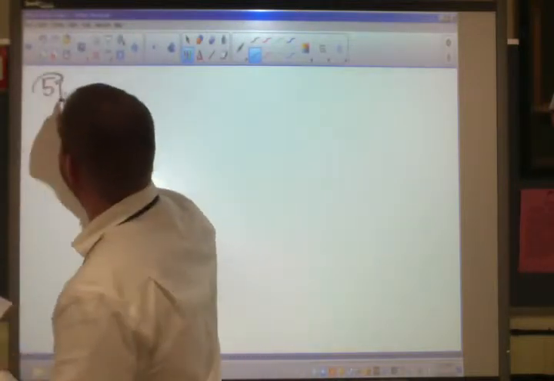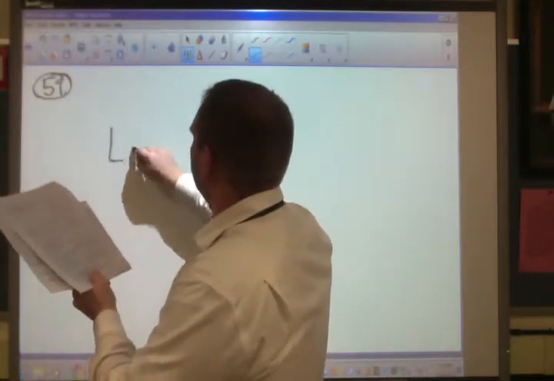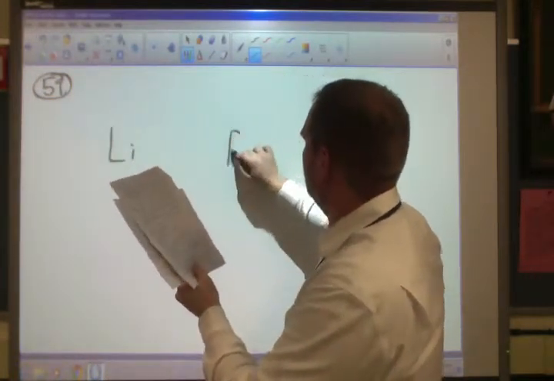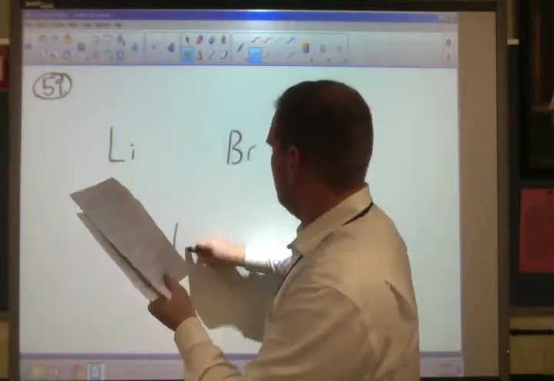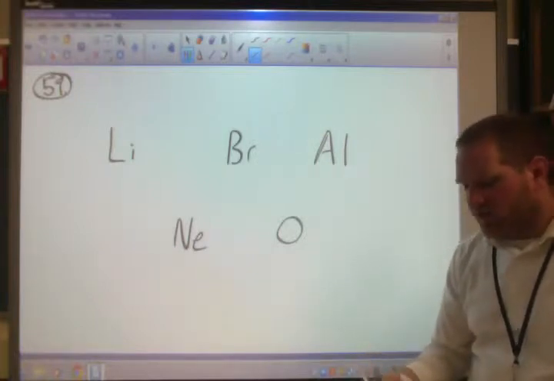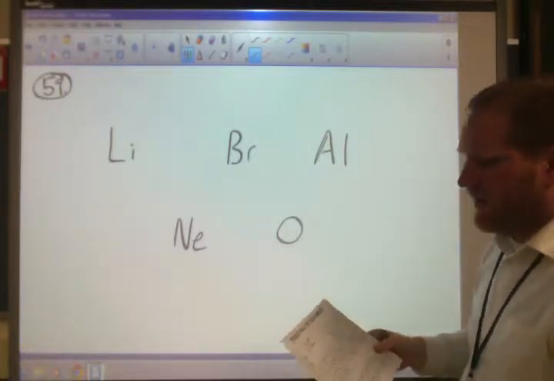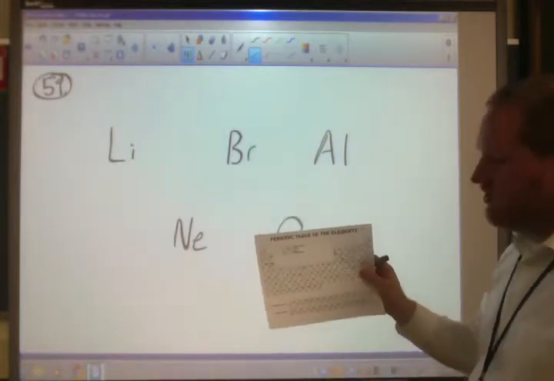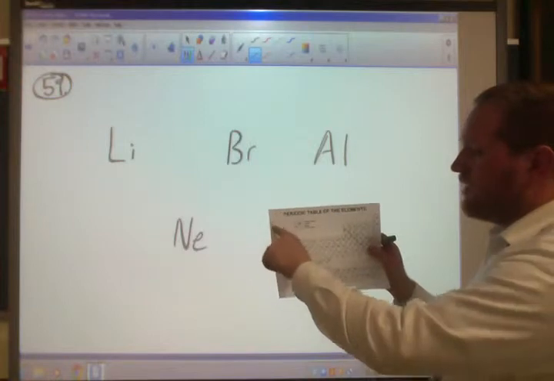59. Lewis structures. So lithium, bromine, aluminum, neon, and oxygen. To do Lewis structures, you need to put the number of valence electrons around each one. To do that, we look at our periodic table, and you should have the groups labeled 1 through 18 by default, but also 1A through 8A.